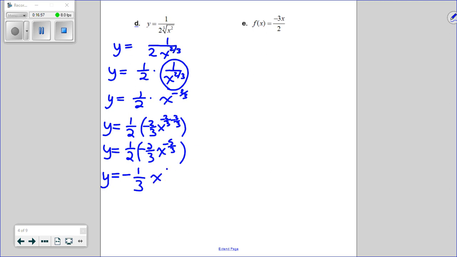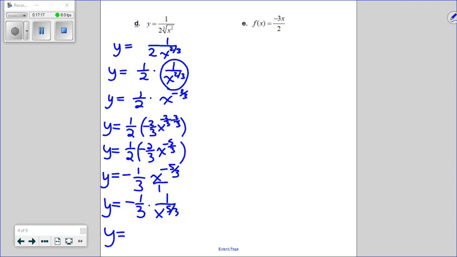Okay, times x to the negative 5/3. But then remember, we don't want to leave negative exponents, so we're going to flip it, make it a fraction. Flipping will change our negative exponent to a positive, and then multiply straight across.